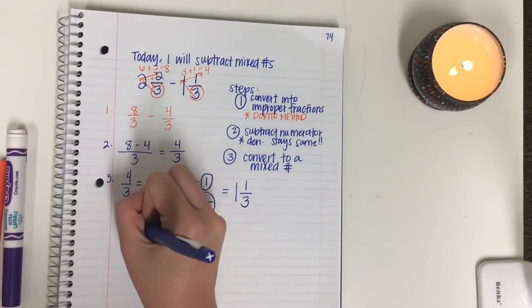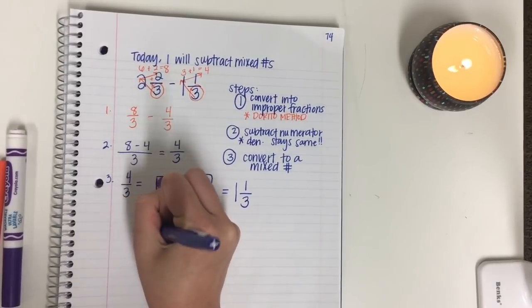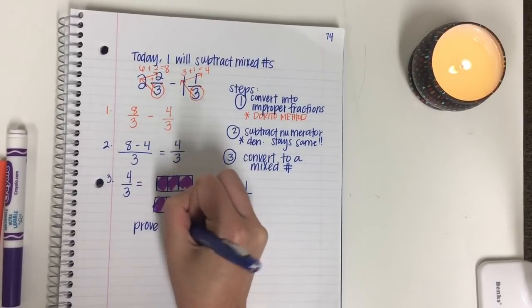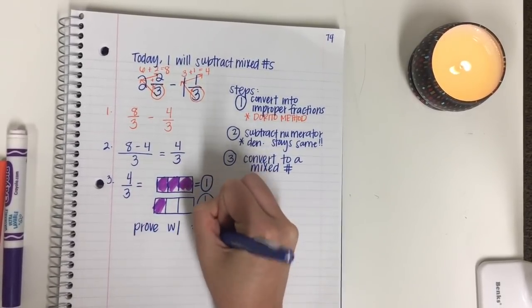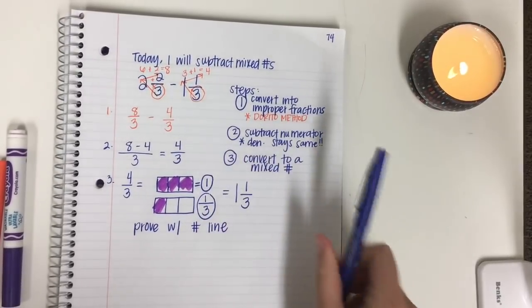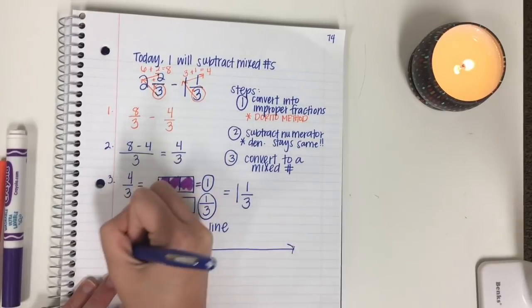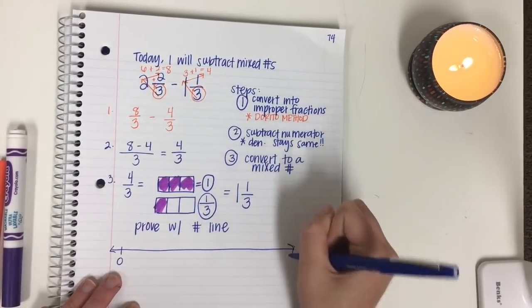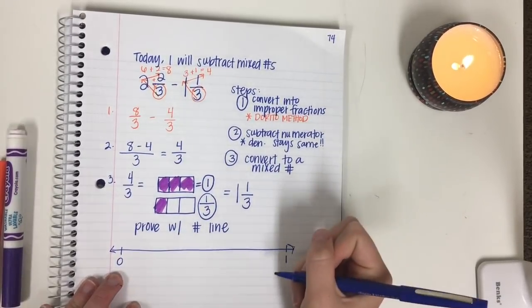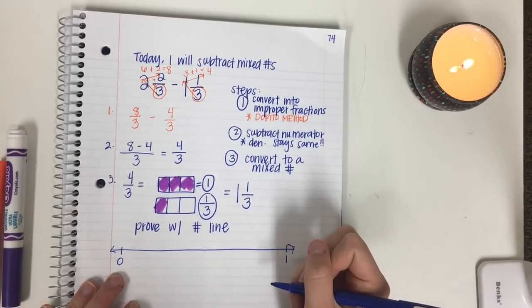Okay, let's prove it. So prove with number line. So let's draw this big number line. Got a 0 and a 1. How many spots do we need?